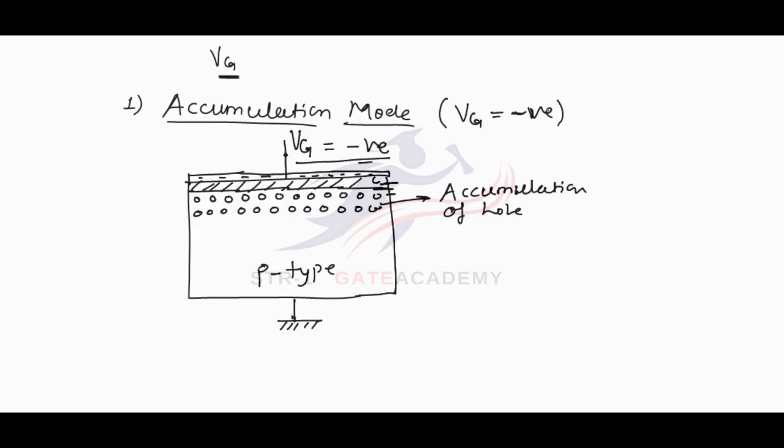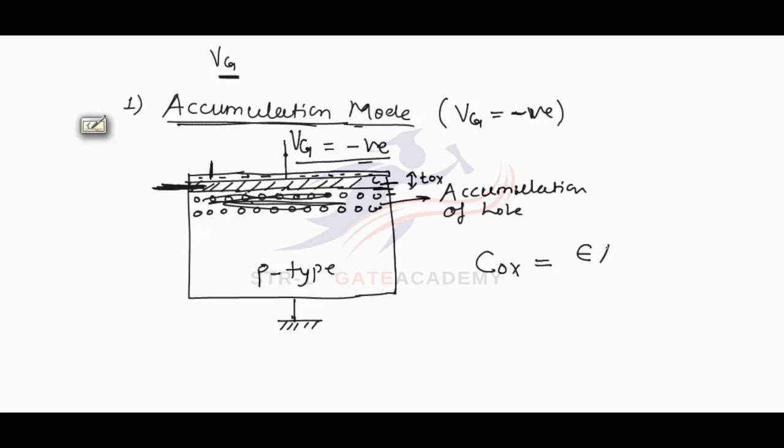Now in accumulation mode, we can see that this particular region is a conducting region, and this particular region is a conducting region, while in between these two conducting regions there is a non-conducting region, so it can be seen as a parallel plate capacitor. If this is the thickness of the oxide layer, then in accumulation mode the capacitance of this MOS capacitor will be the oxide capacitance.